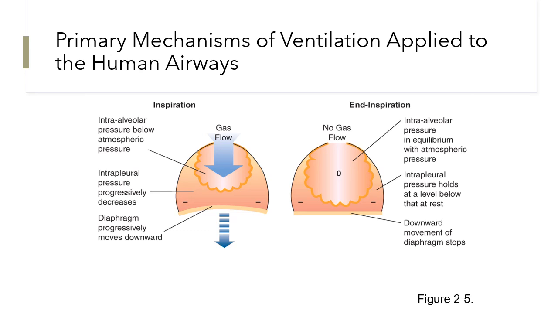This gas flow will continue until the intraalveolar pressure and the atmospheric pressure are in equilibrium. Once equilibrium is reached, gas flow stops. This period of no gas flow is called end inspiration or pre-expiration. It is the end inspiration phase of the respiratory cycle.